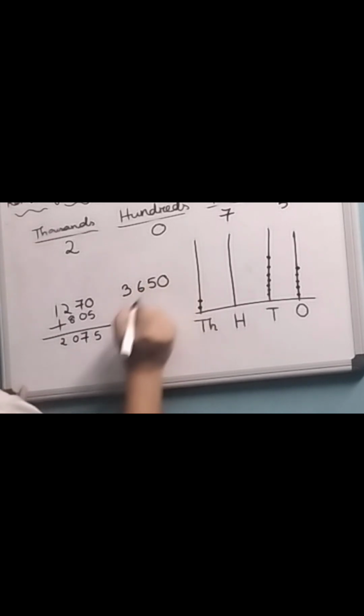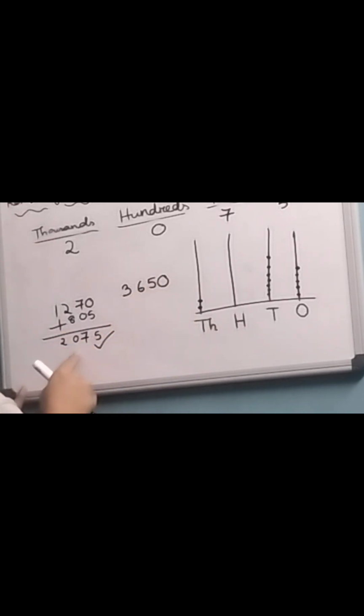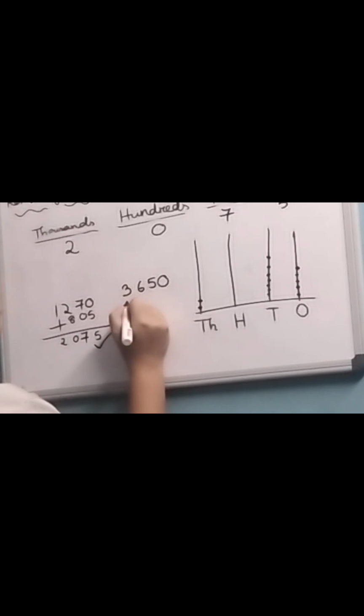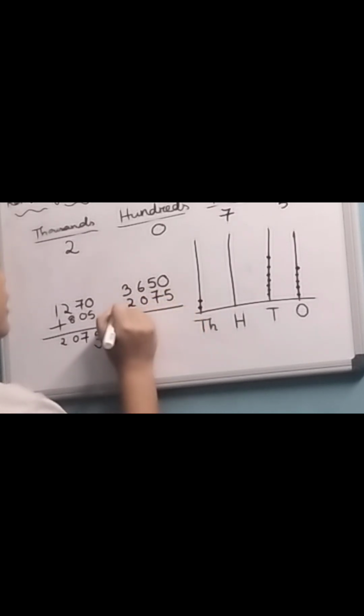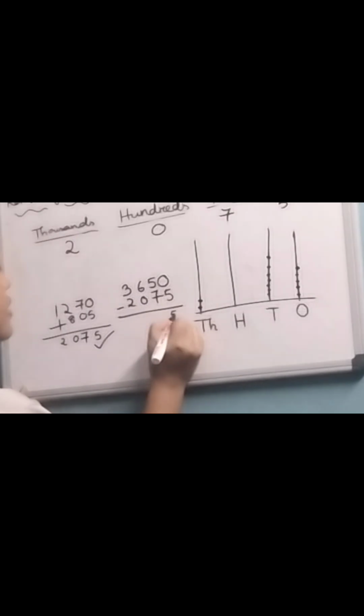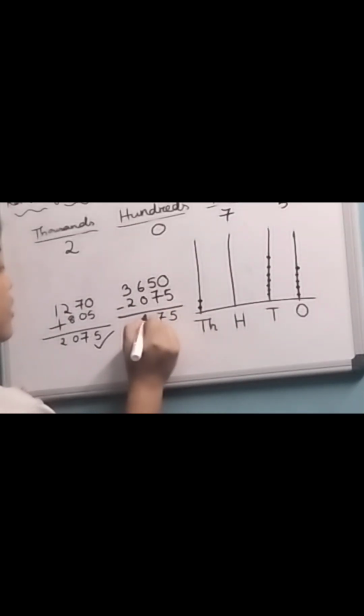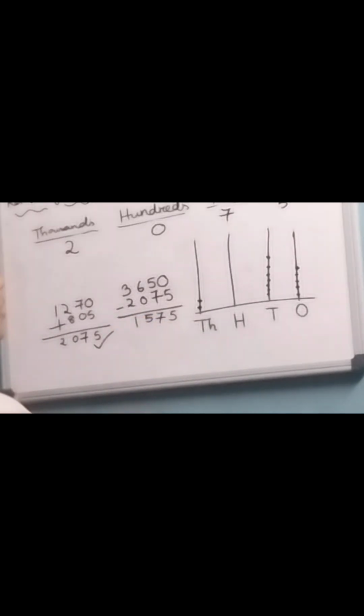This was the total amount of money. So we'll be subtracting 2075 from this, and from 10, 5 then 5 is 14, so there will be 7, there will be 5, and 3 minus 2 is 1. So the answer is 1, 5, 7, and 5.